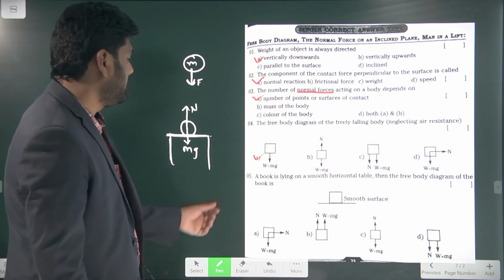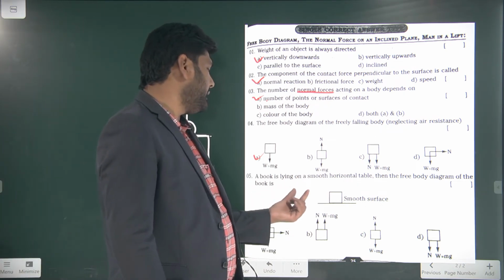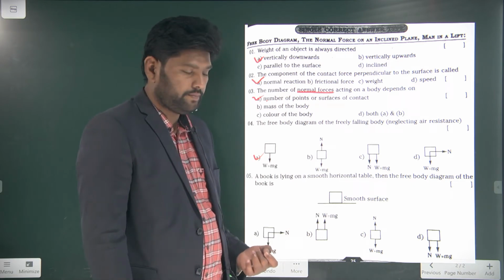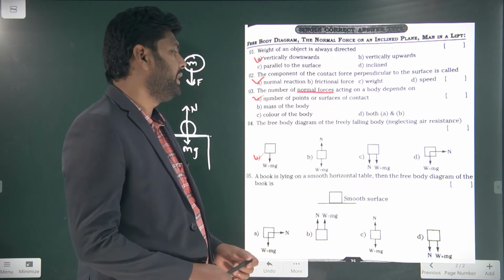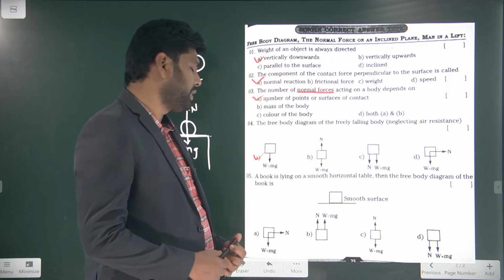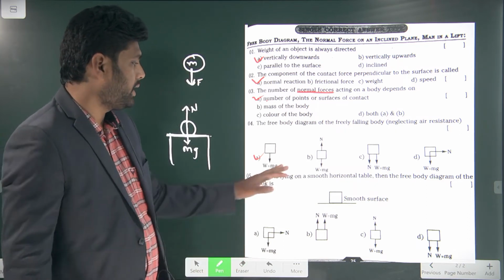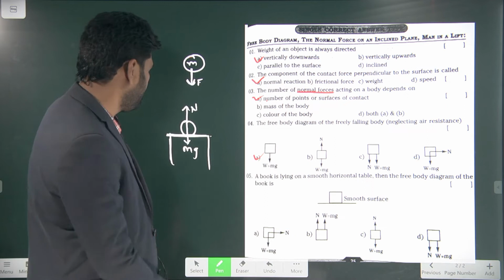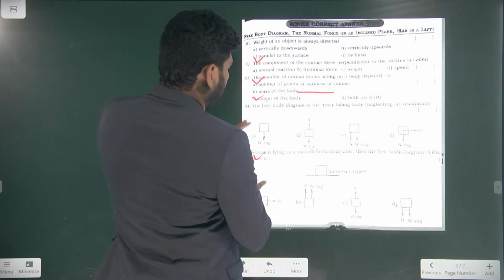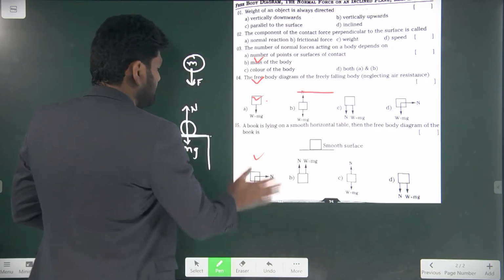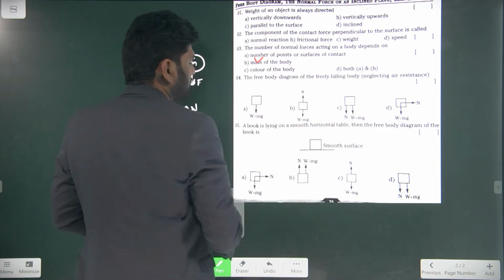Next, a book is lying on a smooth horizontal table. Then the free body diagram of the book is? So the book is lying on a horizontal surface. What is the free body diagram of the book?